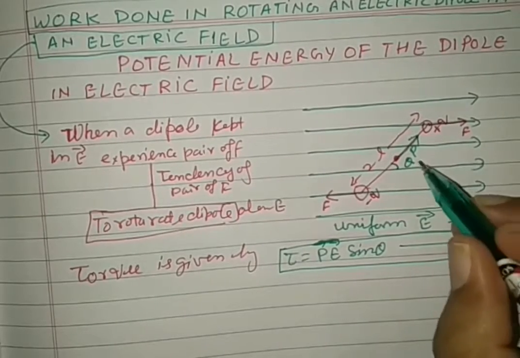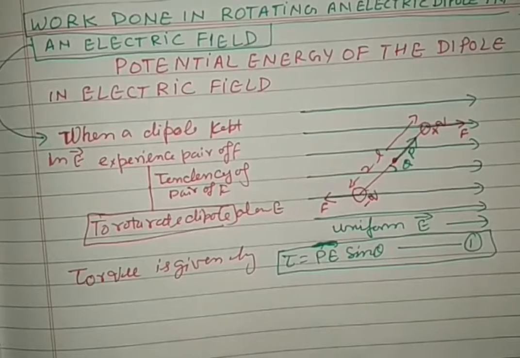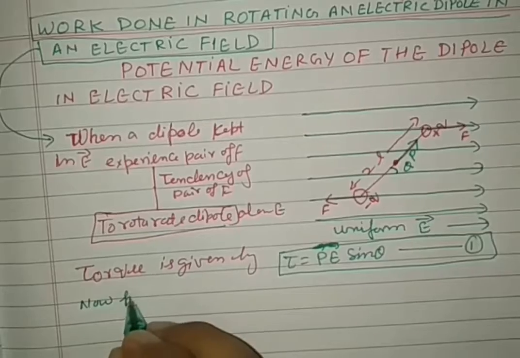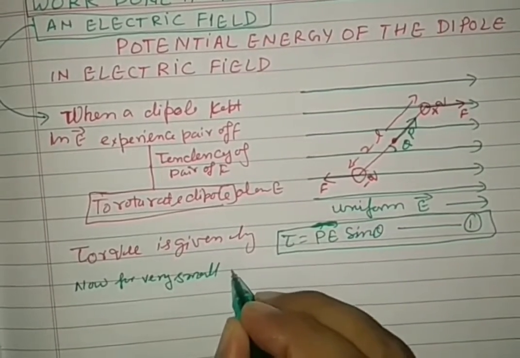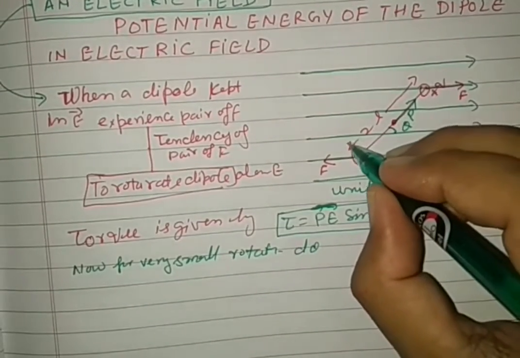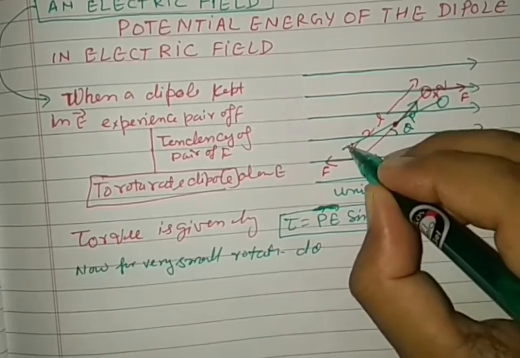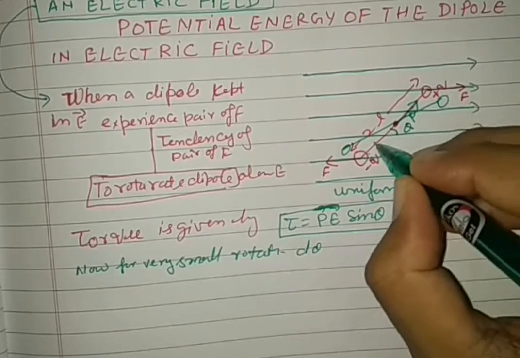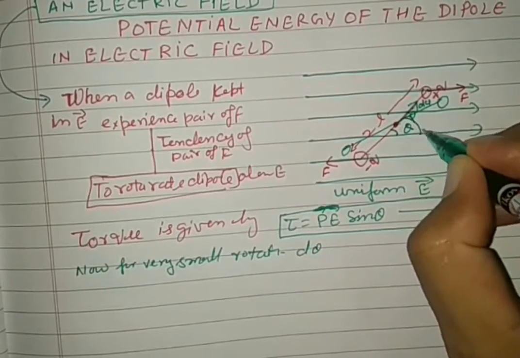Now when this torque acts, let the dipole rotate by angle theta due to it. Now for a very small rotation d theta, see very carefully here, this angle is d theta and this total is also theta.